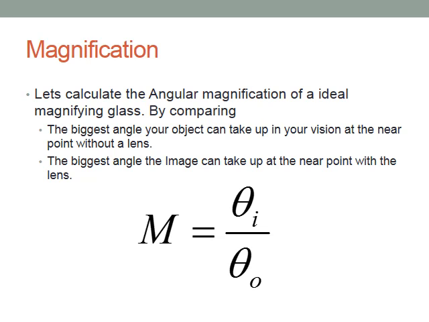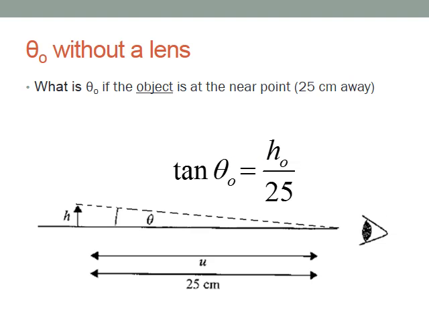Here we go. So we say, okay, with the object itself, this angle here, theta, like if this is the ant, this is how tall the ant is, right? And when I'm holding no lens, when I'm holding the ant 25 centimeters away from my eye, the tangent of theta, this angle here, theta O, is equal to the height of the actual object, we're calling it an ant, divided by the 25 centimeters, right?